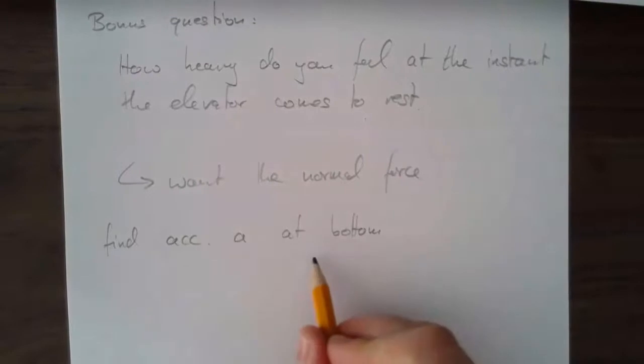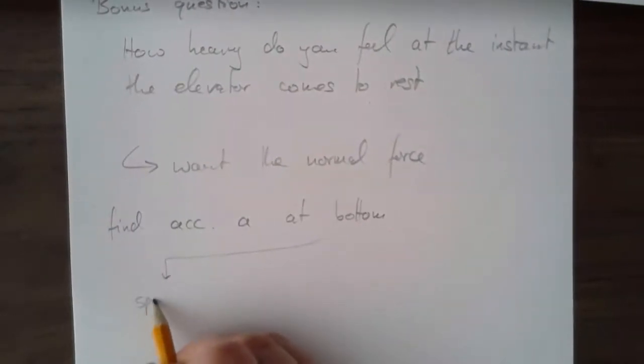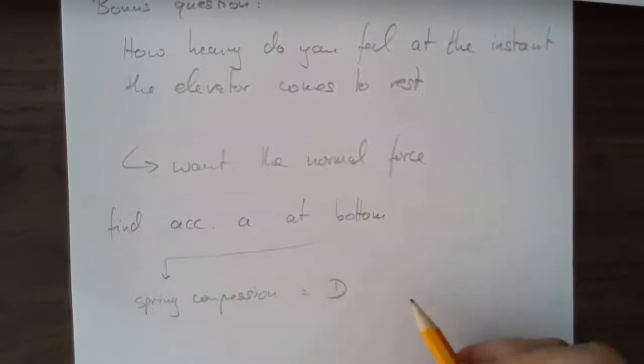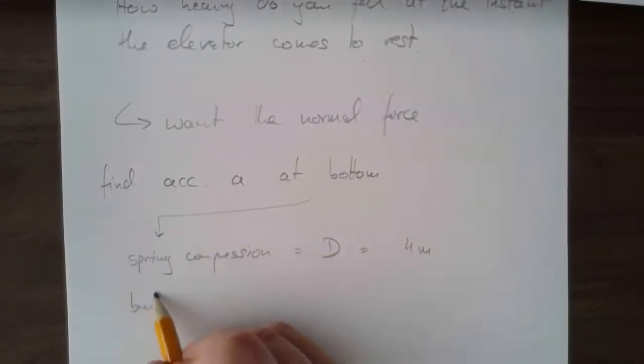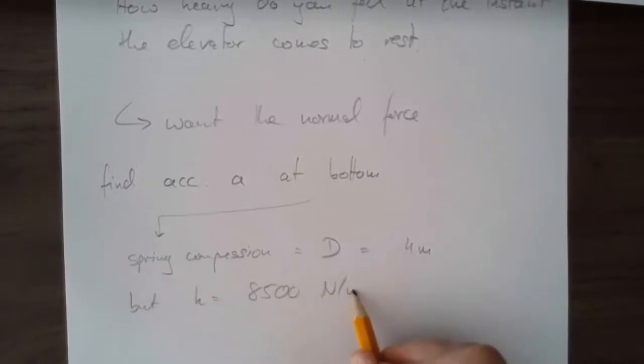So at the bottom, the spring compression is equal to D, which is 4 meters. Now, we worked out a spring constant k is 8,500 newtons per meter.